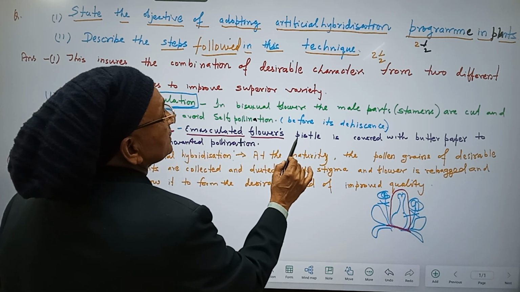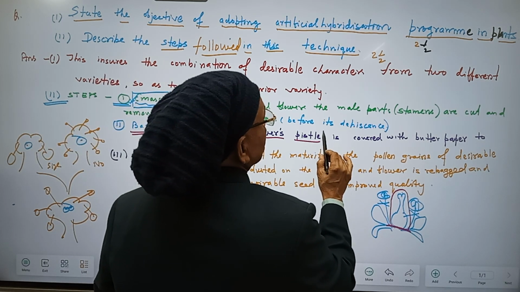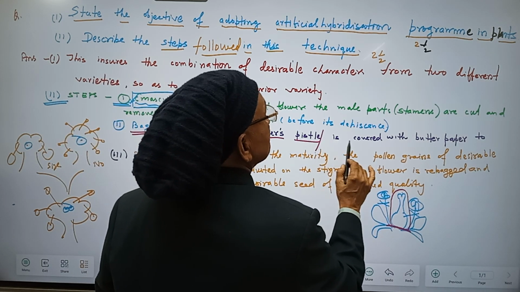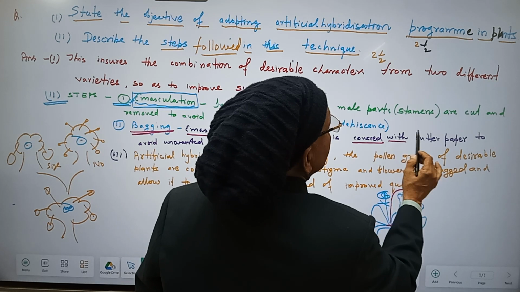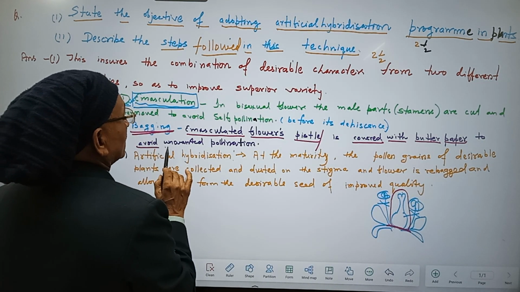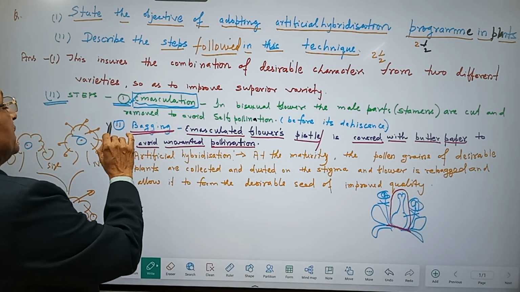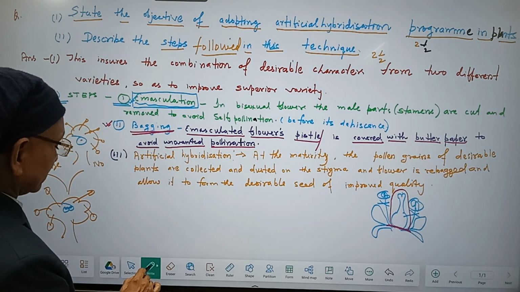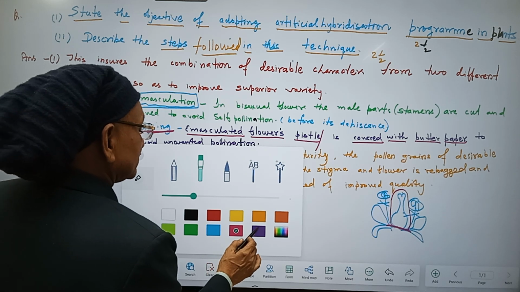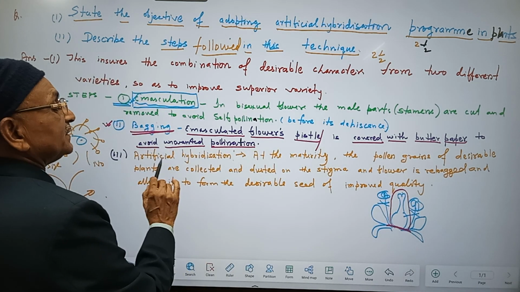Emasculated flowers, pistils or carpels, are covered with butter paper to avoid unwanted pollination. After bagging comes artificial hybridization.